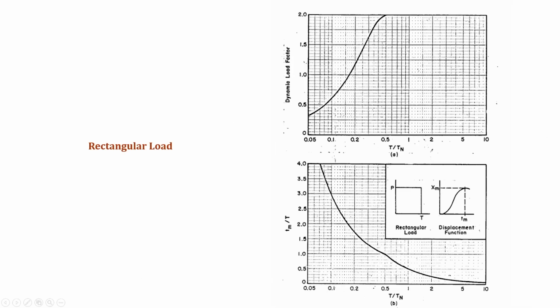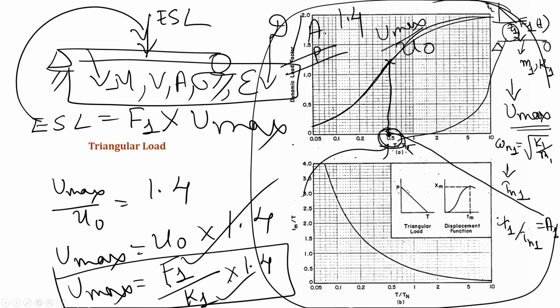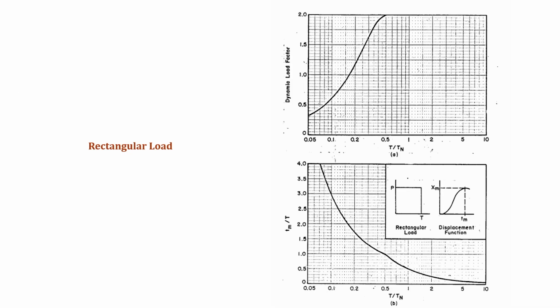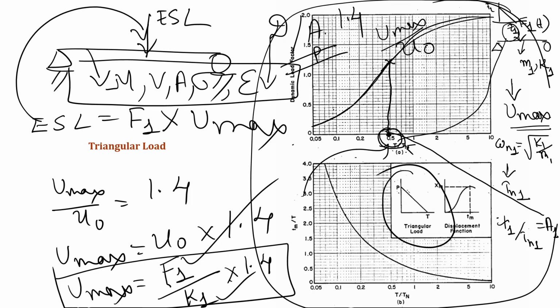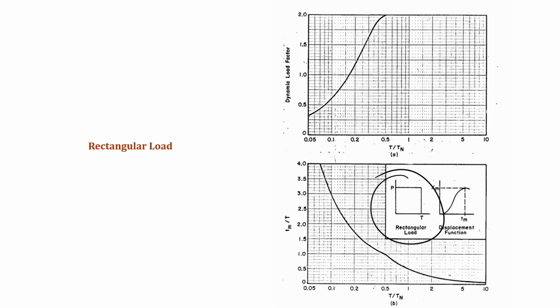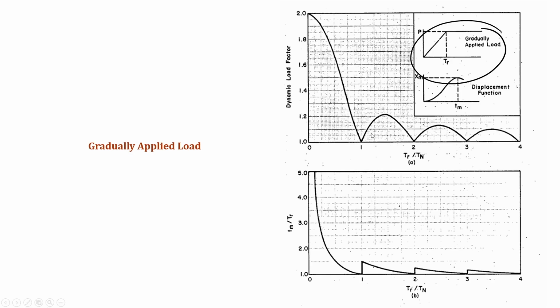This can be made for other types of loading also. In the first case, we saw a triangular type of loading. In the second case, we have a rectangular loading. Third case, we have a gradually applied loading. For each and every load case, we can make this dynamic load factor graph and use it for design and analysis purposes.